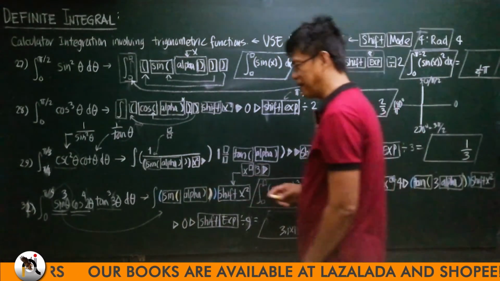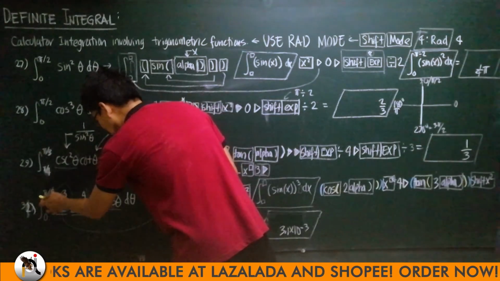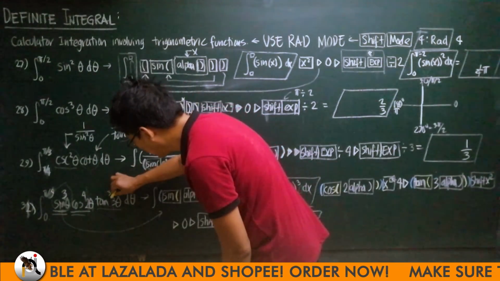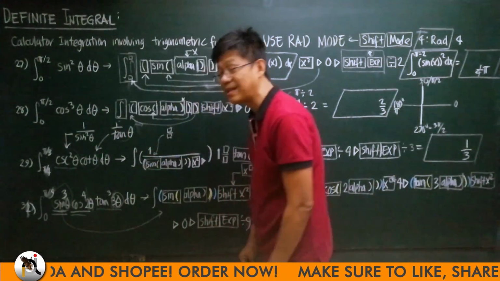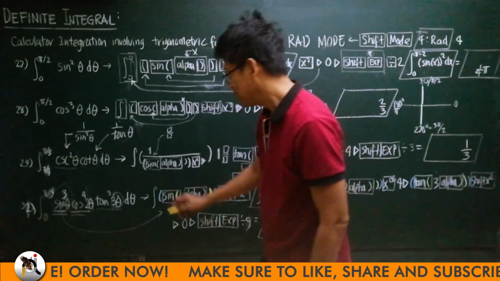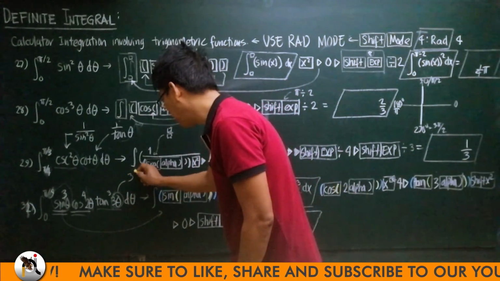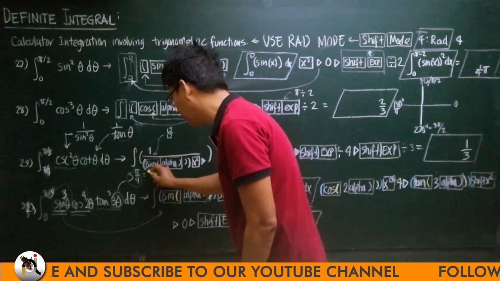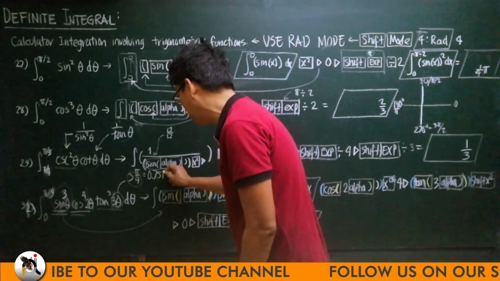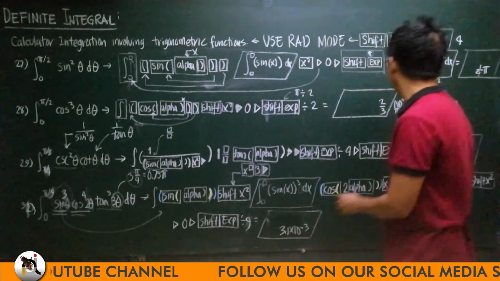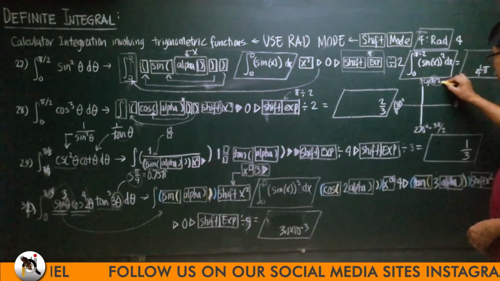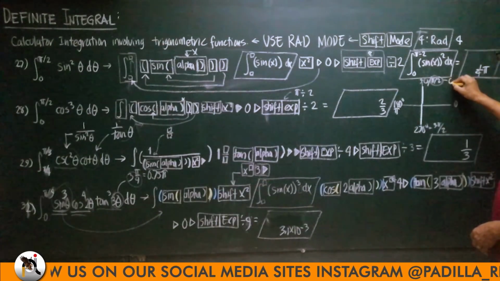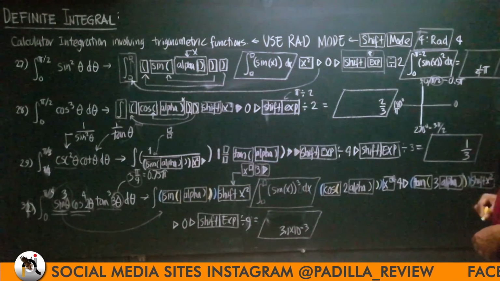So, in here, when this is pi over 4, remember the angle is not theta. It's 3 theta. So, 3 times pi over 4 is 3/4 of pi or 0.75 of pi. Pi over 2 or 90 is just 0.5 of pi.